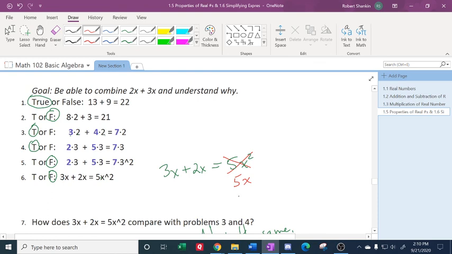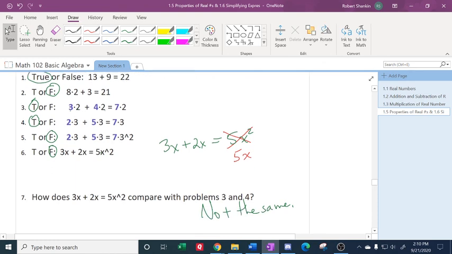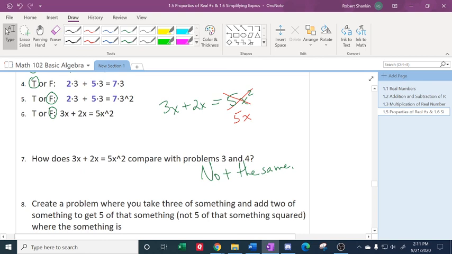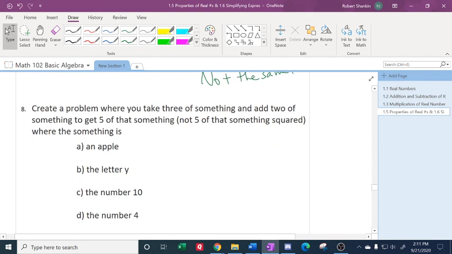You don't make it x squared. You just make it 5x. That's the real answer. Now, why do we do something so counterintuitive? Well, you might change your intuition when we realize what's going on here. Create a problem where you take 3 of something and add 2 of something, you get 5 of that something, where the something is an apple.